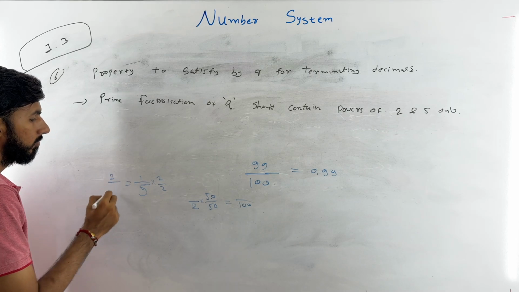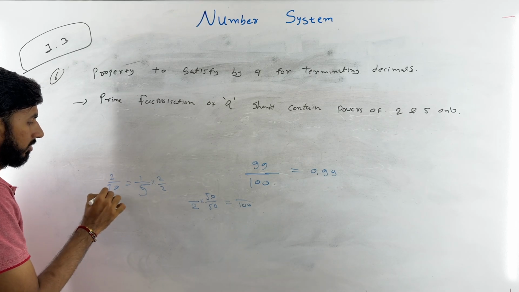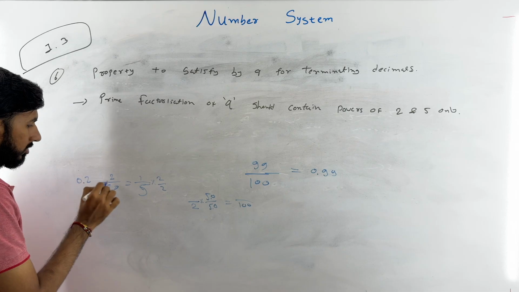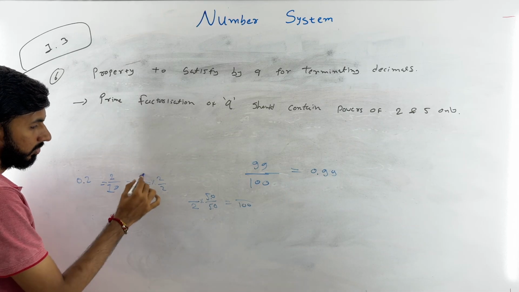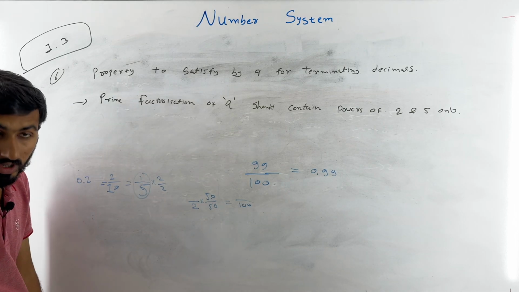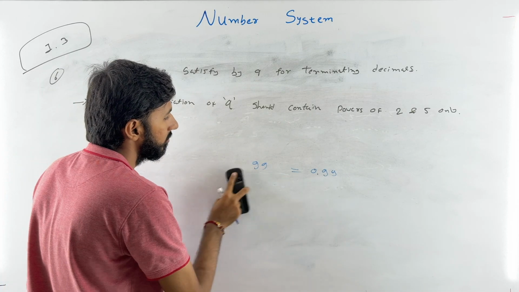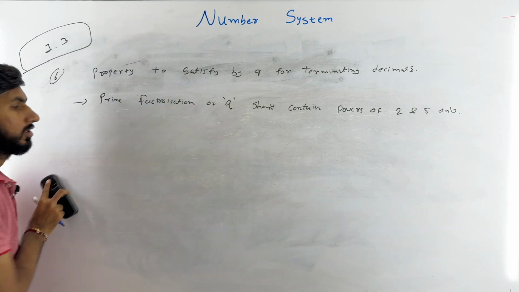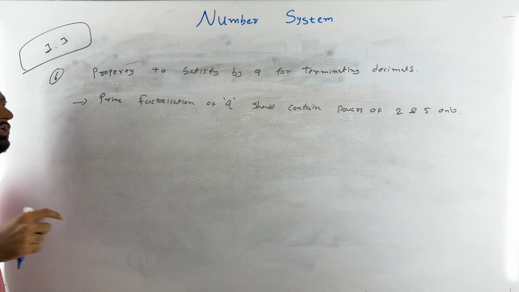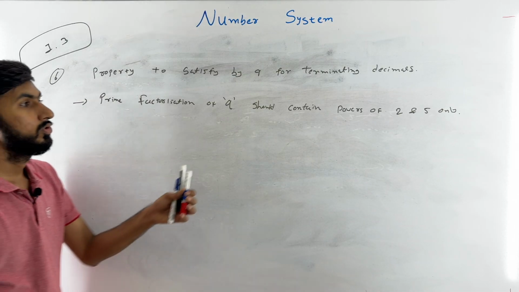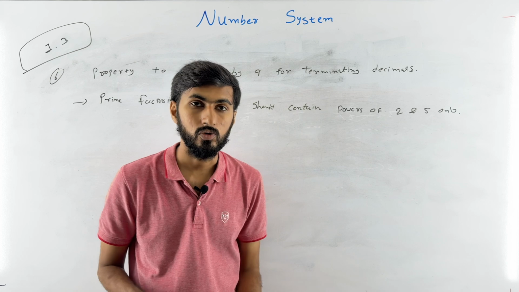The value of this will not be changed, but I can easily get the answer, that is 0.2. If you divide 1 by 5, the answer is only 0.2. So this is the reason behind it. To get 10, 100, 1000, 10,000 or any other, you can use 2 and 5 only.